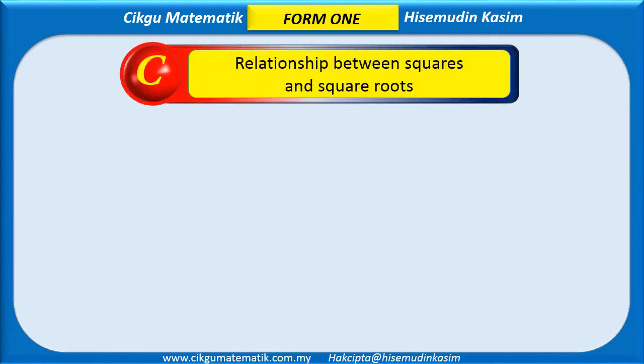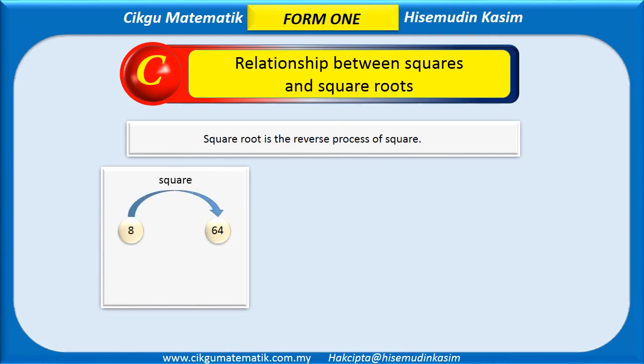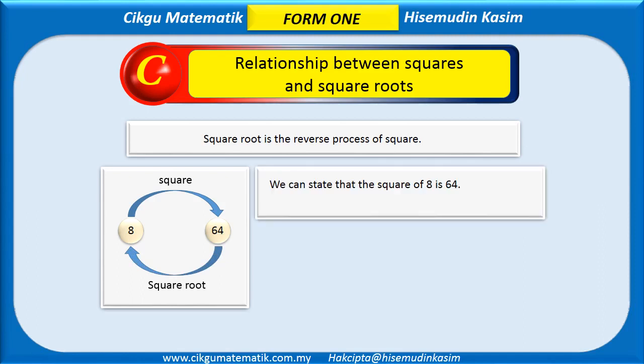C. Relationship between squares and square roots. Square root is the reverse process of square. 8 squared is 64, and the square root of 64 is 8. We can state that the square of 8 is 64.